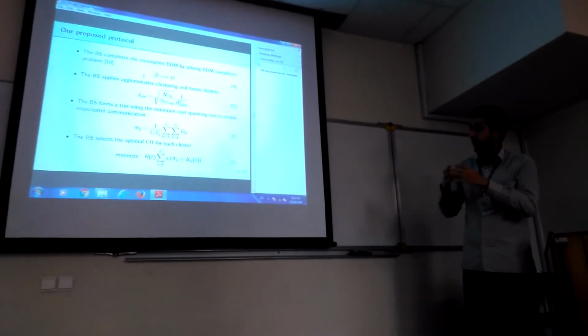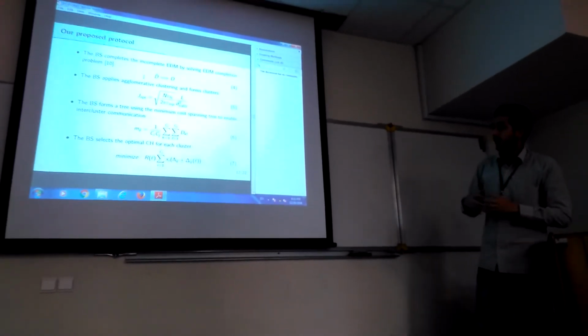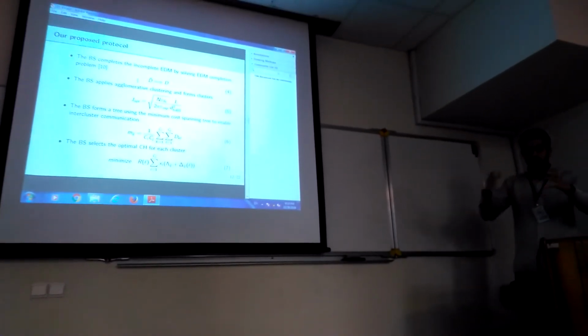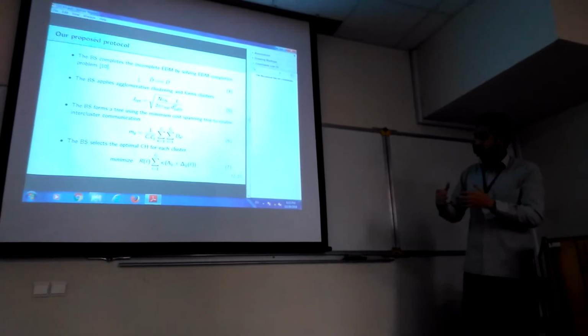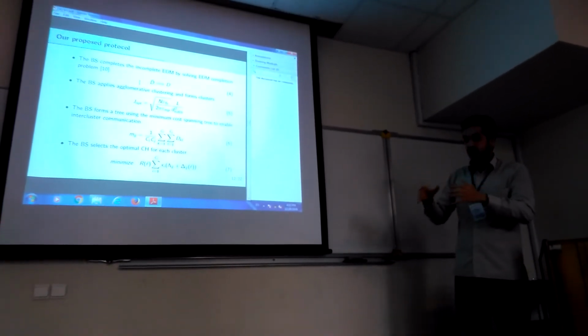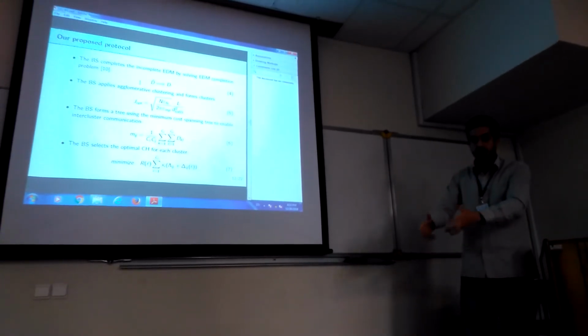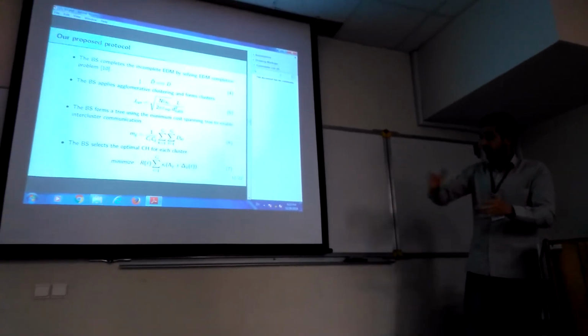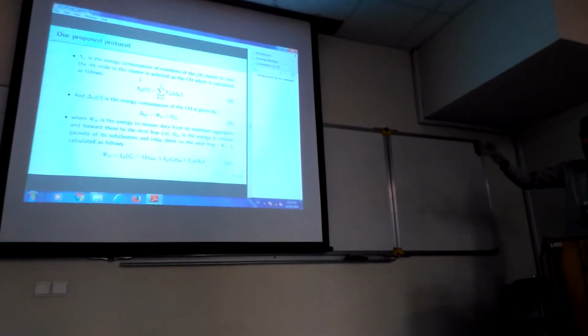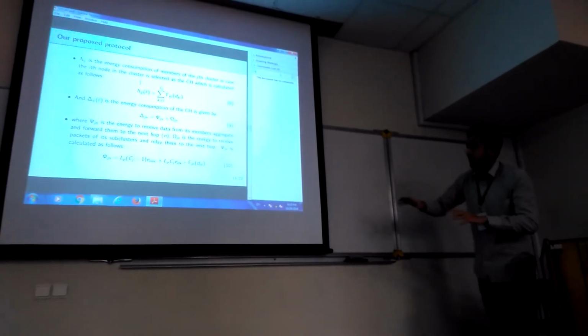We did it by formulating an ILP. The objective of the ILP is the amount of energy consumed in a cluster, which consists of 2 parts: the energy consumption of the members and the energy consumption of the cluster head. Eta is the energy consumption of the members, and delta is the energy consumption of cluster heads.